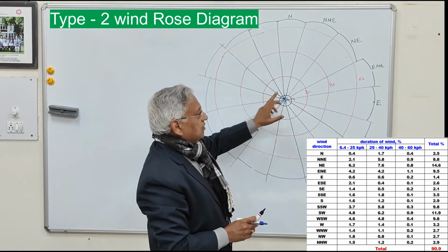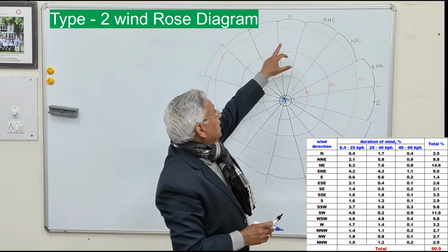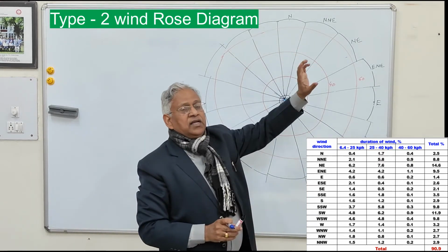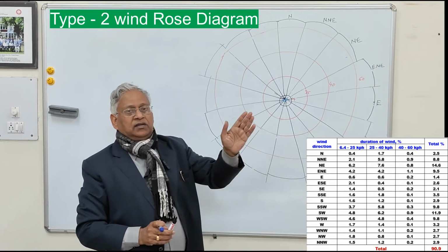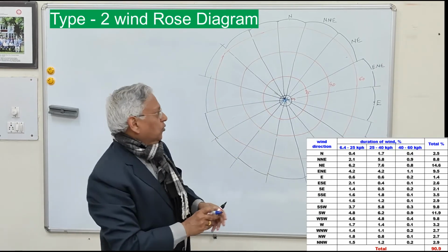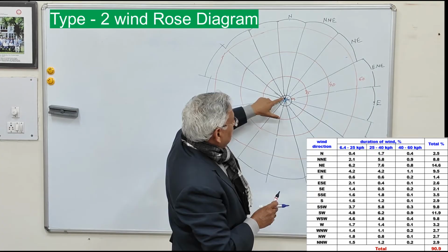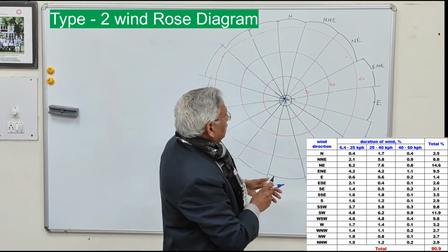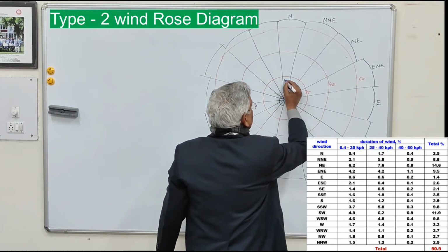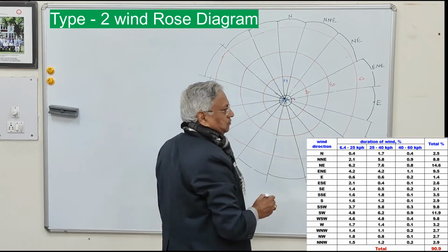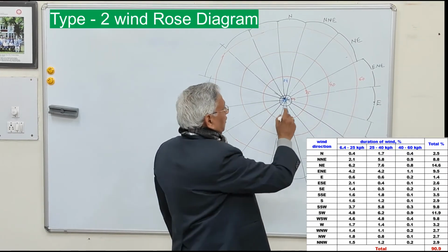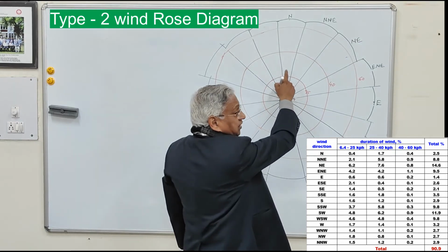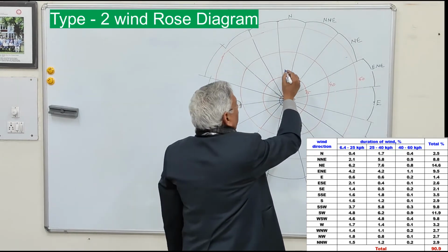Now you enter all these segmental values of duration with respect to speed range in each segment here. For example, if you take the north direction for a speed of 6.4 to 25 km per hour, the duration is 0.4. Now this is the segment 6.4 to 25, right here 0.4. That is the duration. Similarly, 25 to 40 km per hour, it is 1.7.